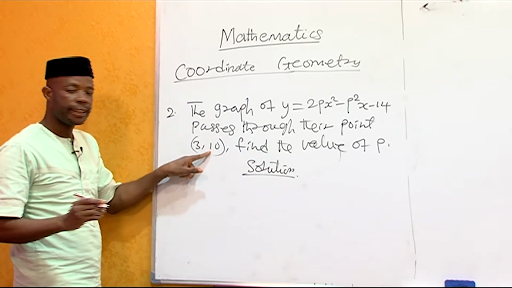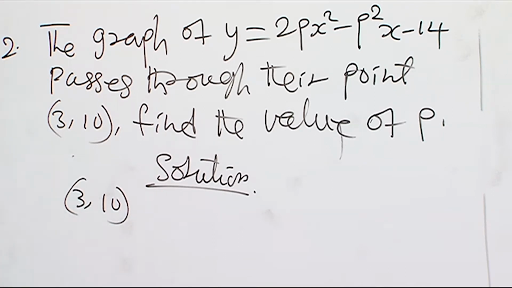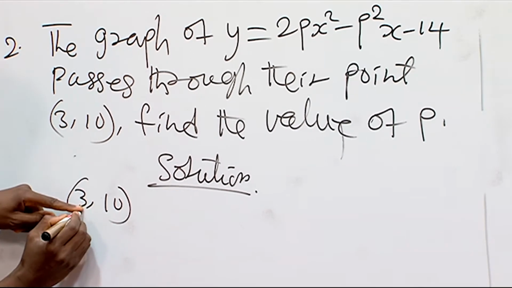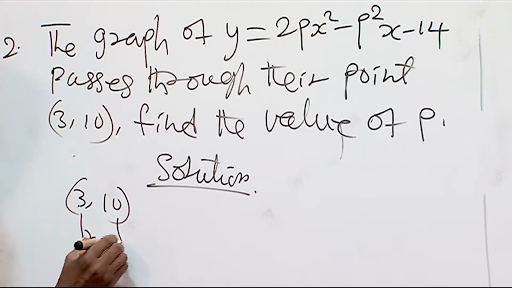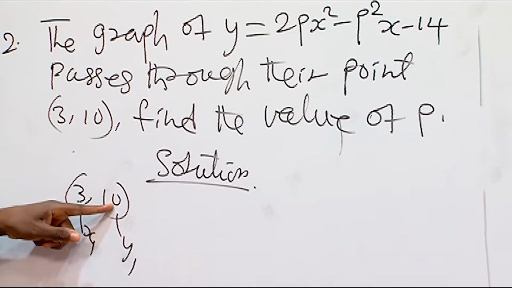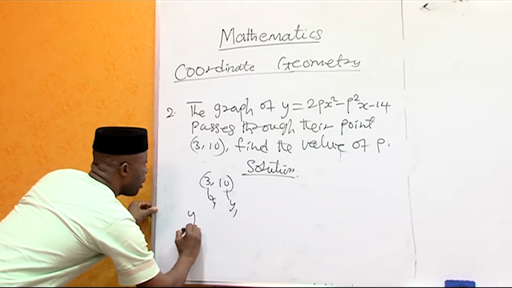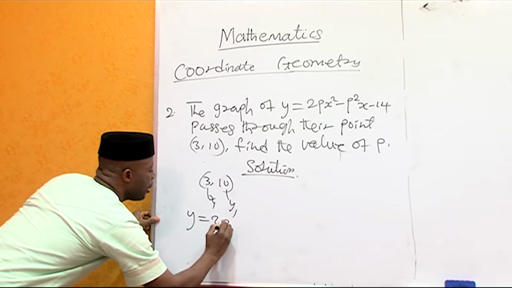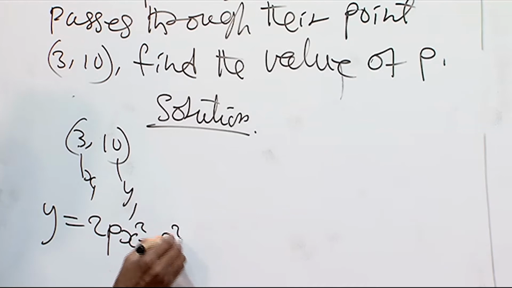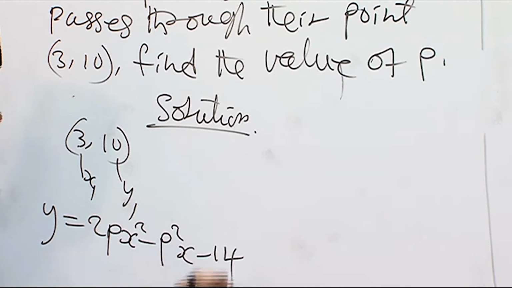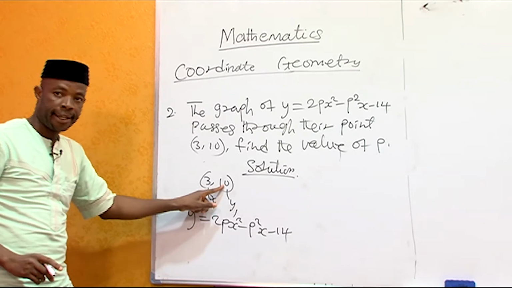The first coordinate is given as (3, 10), which means x1 is 3 and y1 is 10. Then the equation given to us is y equals 2px squared minus p squared x minus 14. Now the value of y is given as 10.